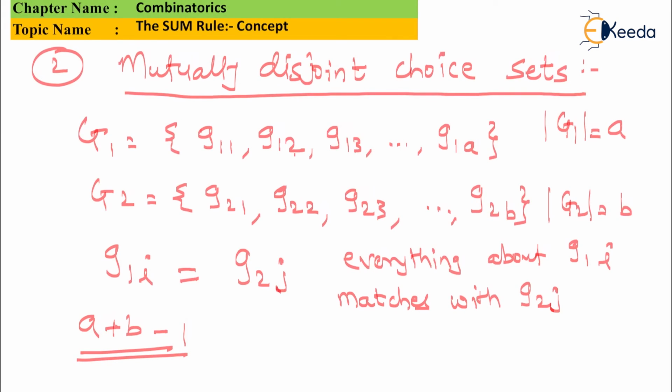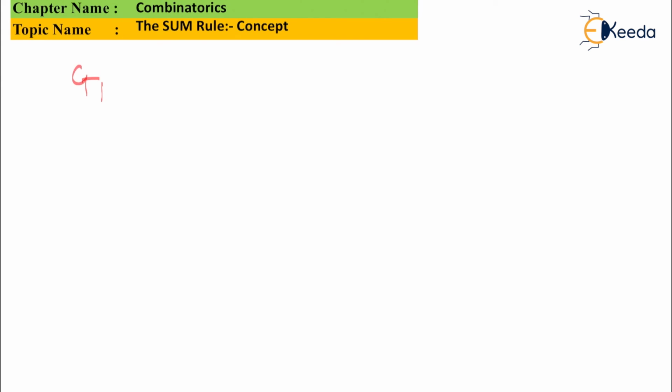Why? Because the two shops are not disjoint, because G1 intersection G2 is not empty. So this is exactly what is happening. The number of choices is reduced if the same choice is available as a part of the first shop and as a part of the second choice set also. This we don't want. This means G1 intersection G2 must be equal to empty.